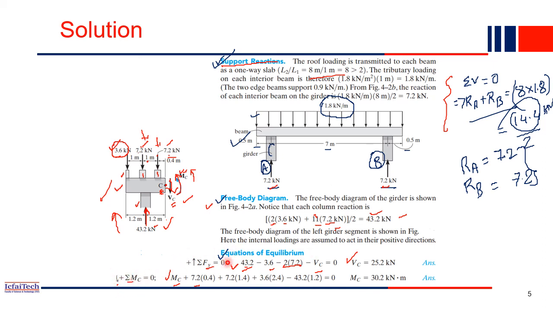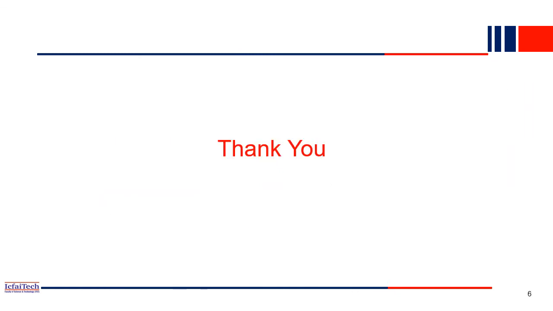Using these three equations we can easily compute all the internal forces, meaning shear force and bending moment, at any location. Here in this problem we are asked to find the shear force and bending moment values for point C. Similarly, we can compute the internal forces at any point.